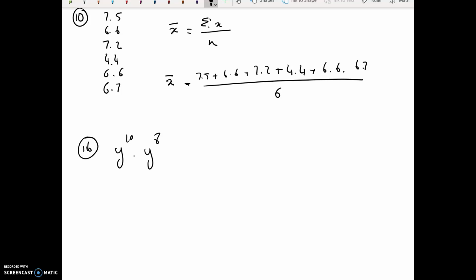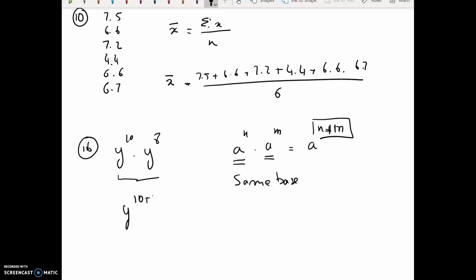This product rule says that basically when you have a to the n times a to the m, it's going to be a to the n plus m. You have the same base, you add the exponents. You have the same base y, so the answer is going to be y to the 10 plus 8. So the answer will be y to the 18.